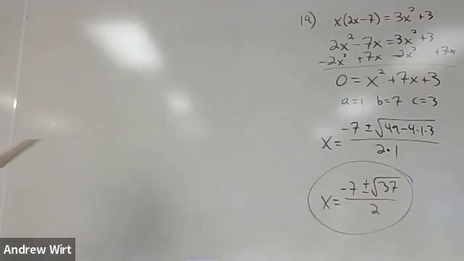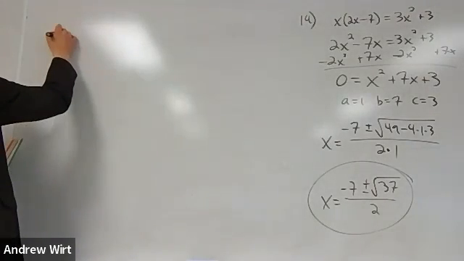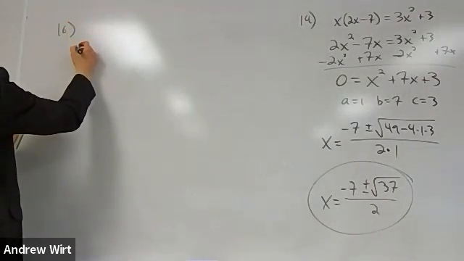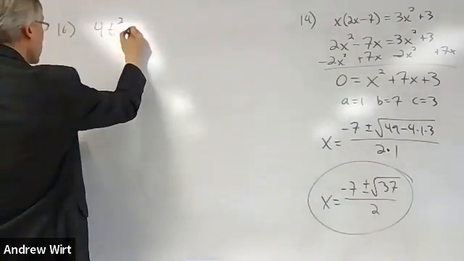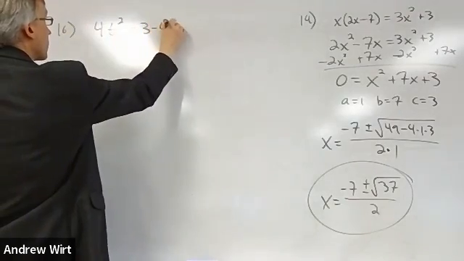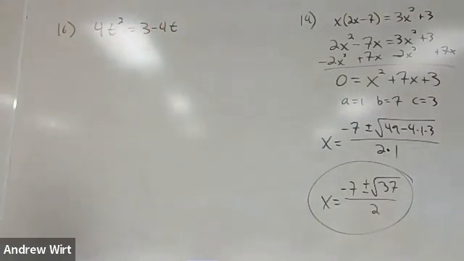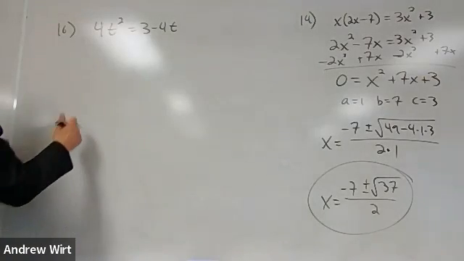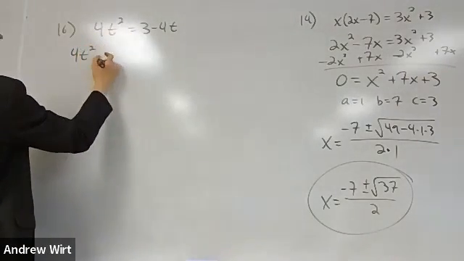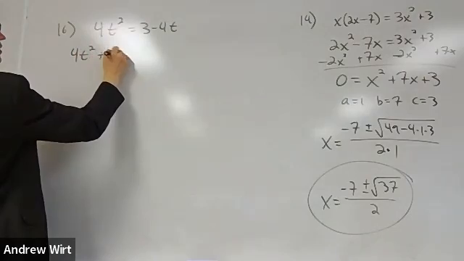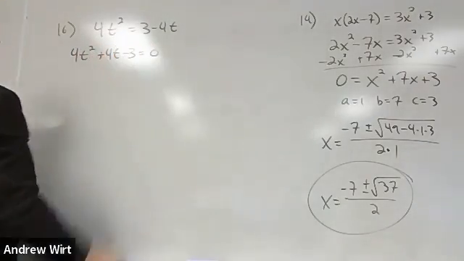So let's take a look at number 16. Standard form first, let's get everything off here to the left. I'm going to add 4 to both sides and subtract 3 from both sides.